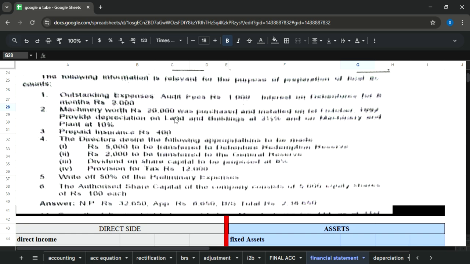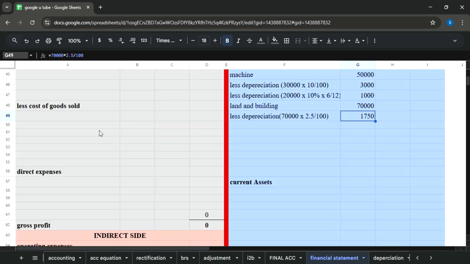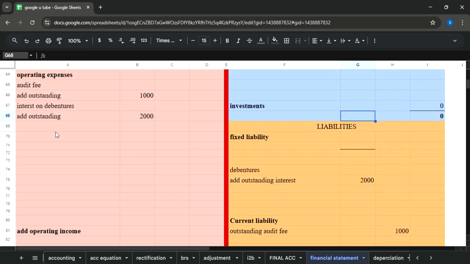There were two depreciations, and both depreciations we have calculated and written. Third, prepaid insurance. For that we will go to operating expenses, and here we will write insurance first and then less its prepaid.